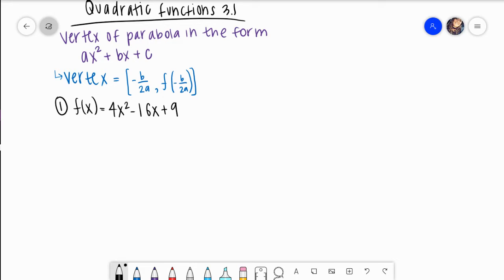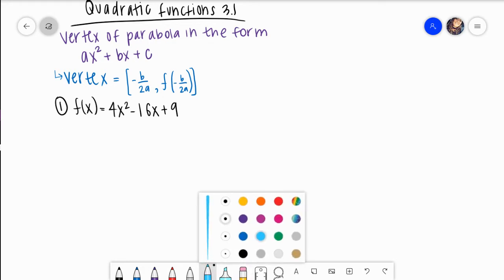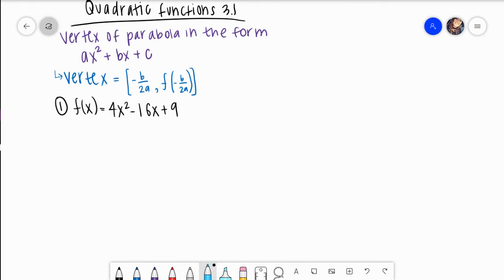So my a is going to be that leading coefficient on my x squared term, which is 4. And then my b is the coefficient that's attached to my x term. You always make sure to keep your negatives with the terms that they go with.